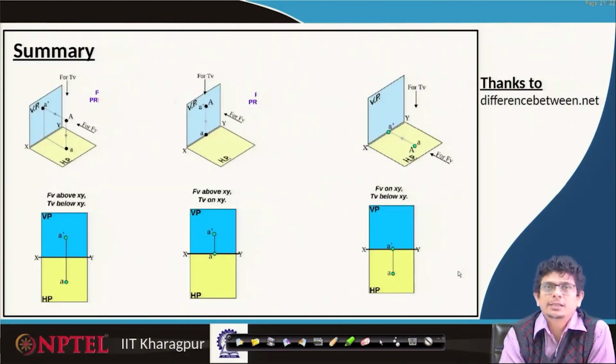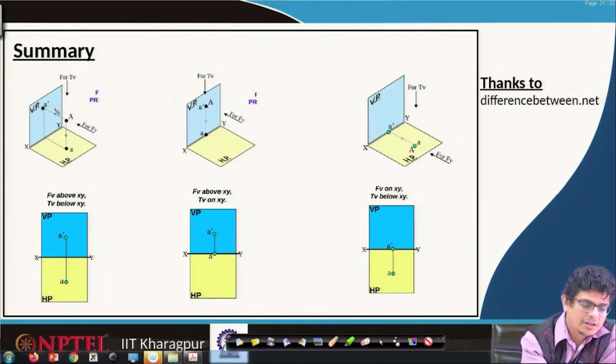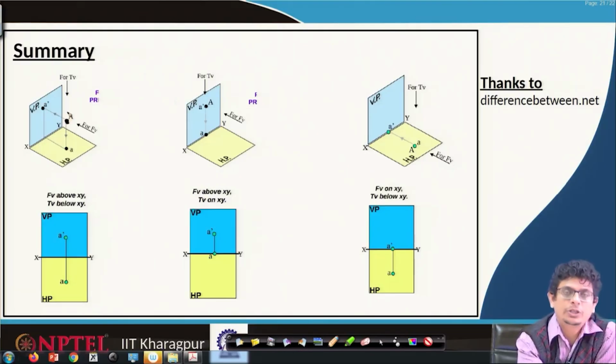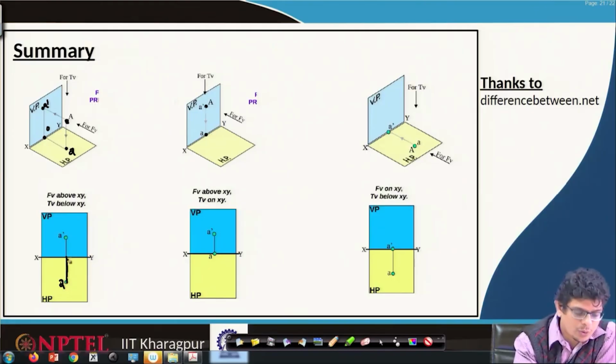Let us summarize this projection of a point on different planes. For example, a point which is in front of the vertical plane and above the horizontal plane gives a projection on the vertical plane A dash, OA dash, and OA on the horizontal plane. So, OA on the horizontal plane, OA dash on the vertical plane.